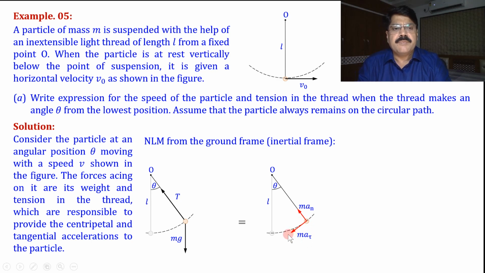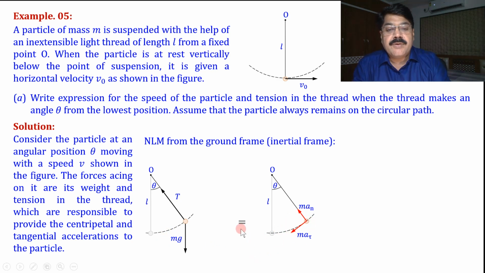Because we know from common sense, as the particle moves away from this position, its speed will decrease. So tangential acceleration will be opposite to velocity. Again, if the particle were coming down, its speed would increase, so tangential acceleration will be in the same direction. Whatever the case is, tangential acceleration will be in this direction.